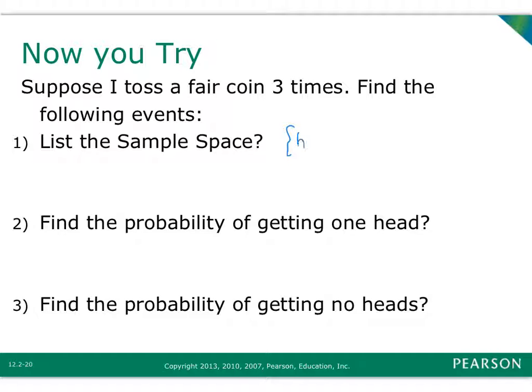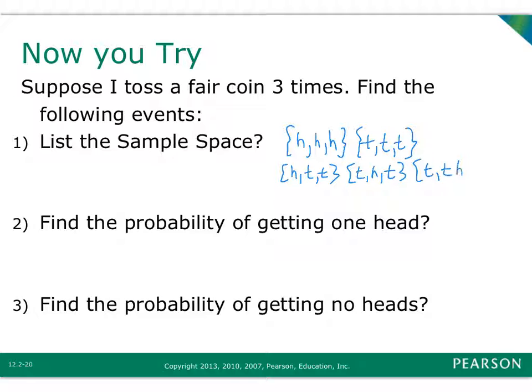We can get heads, heads, heads. We can get tails, tails, tails. We can get heads, tails, tails. We can get tails, heads, tails. We could get tails, tails, heads.